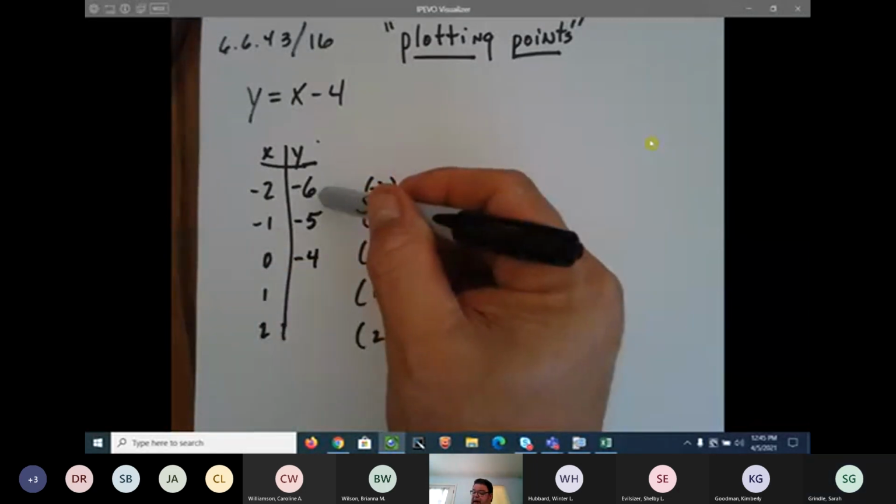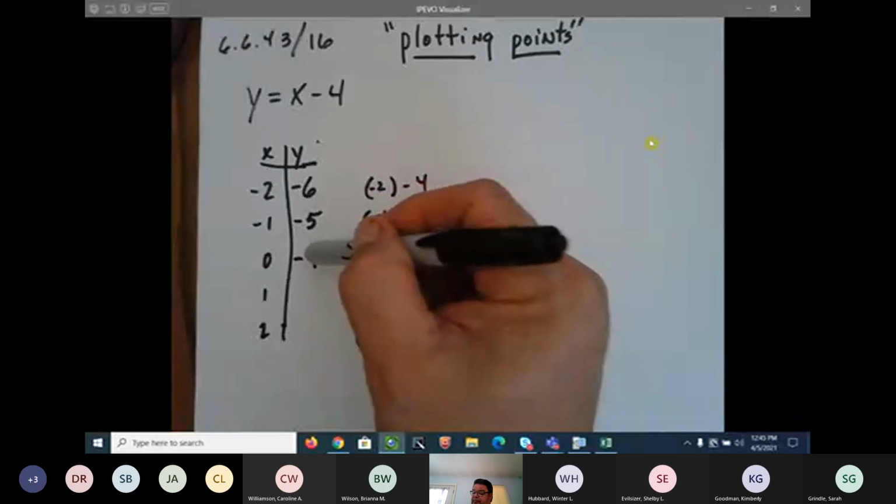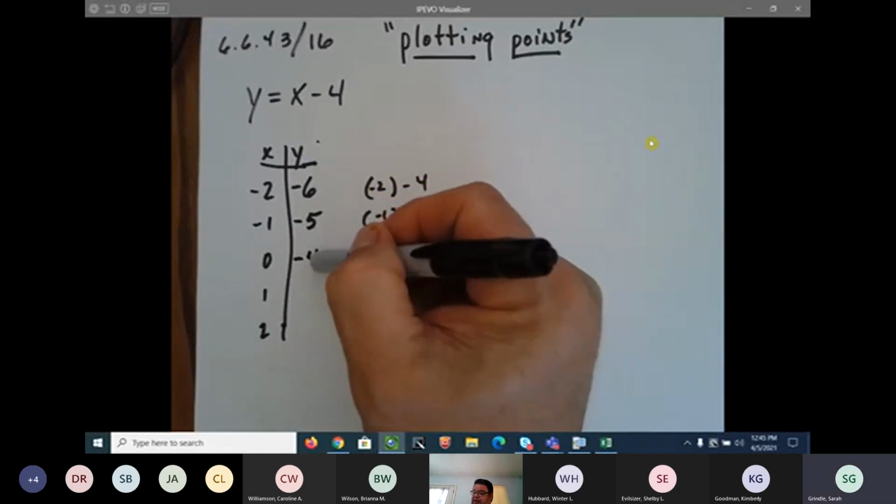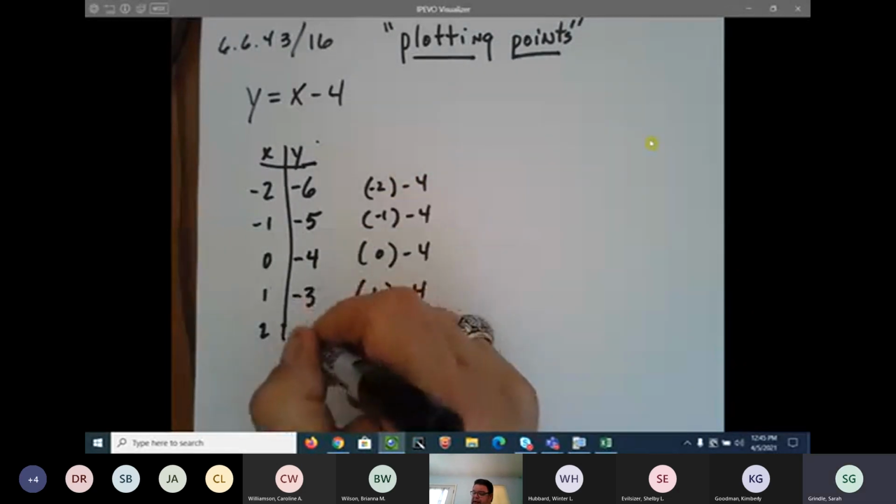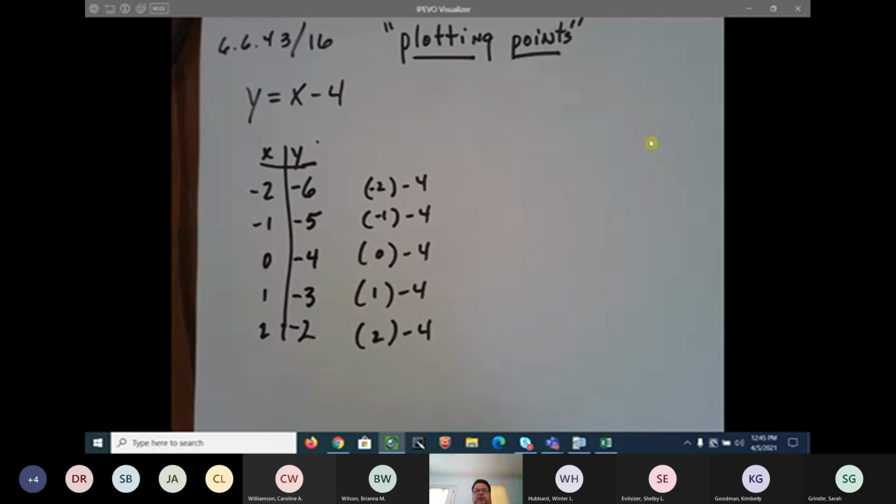And you should see a pattern. -6, -5, -4, -3, -2. Let's check the last one and see if my pattern works. 2 minus 4 is -2. So that's right. So you draw your handy dandy graph.